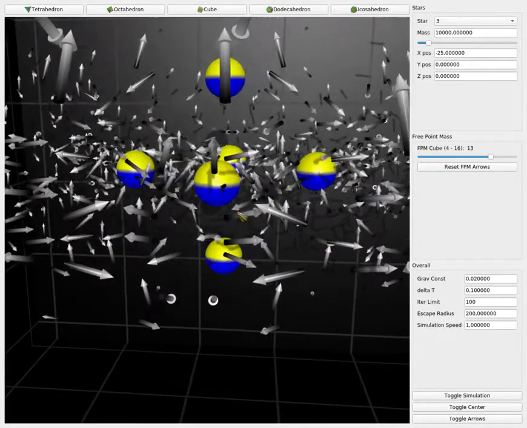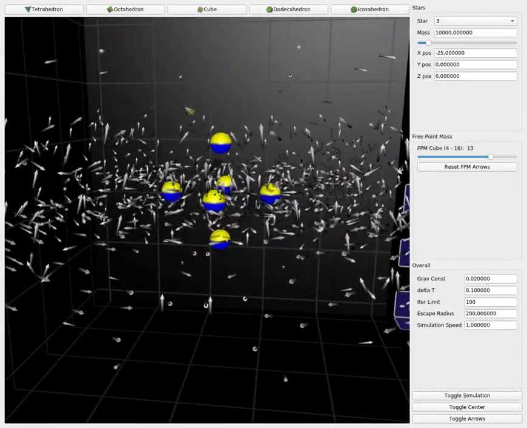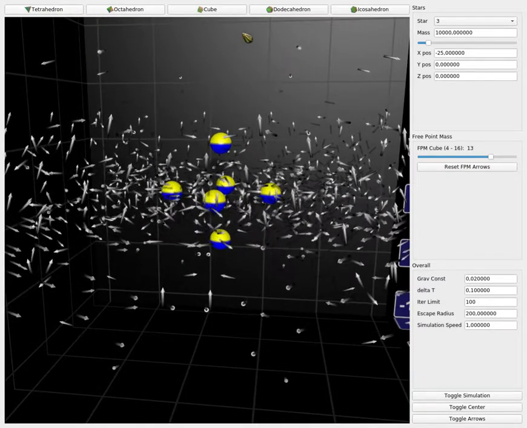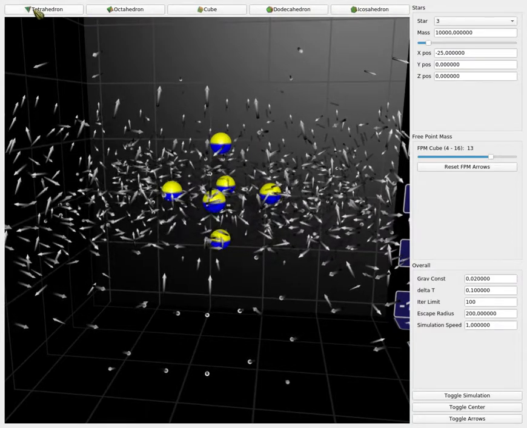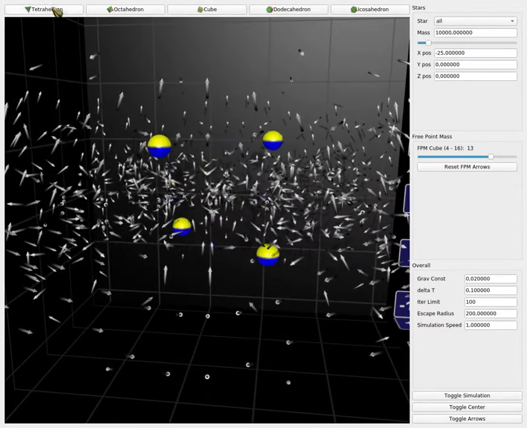Now, what may have caught your eye is that we have all the 5 Platonic solids represented up here. So we got the tetrahedron.